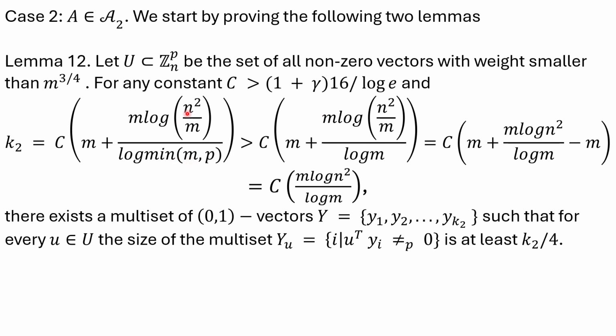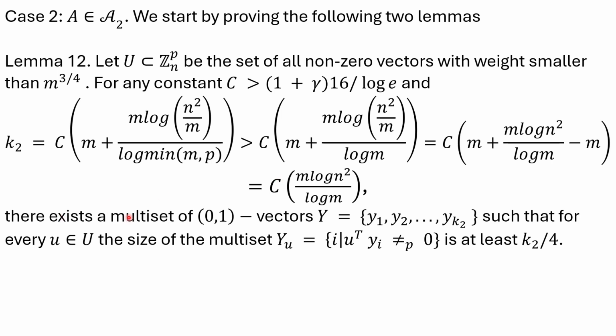So when it's in the denominator, we can flip the inequality. And here, because m log n squared divided by m is equal to m log n squared minus m log m divided by log m, we have the minus m right here.